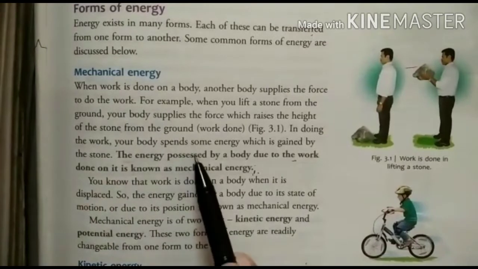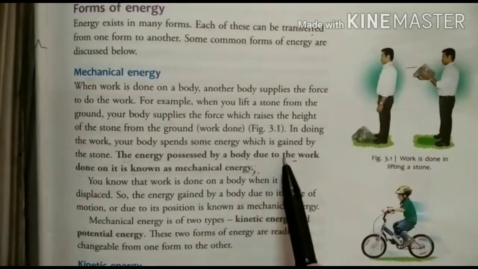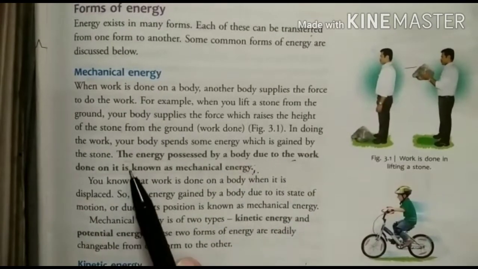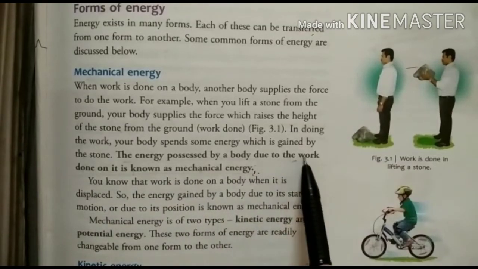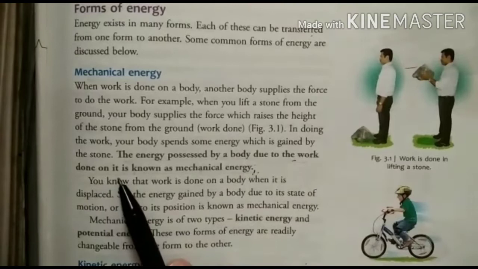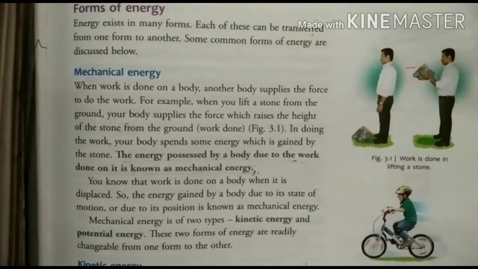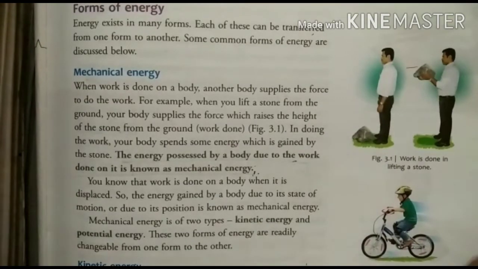The energy possessed by a body due to work done on it is known as mechanical energy. And when is work done on an object or a body? When force is applied on any object, and due to that applied force, the object gets displaced. In that condition, work is said to be done.